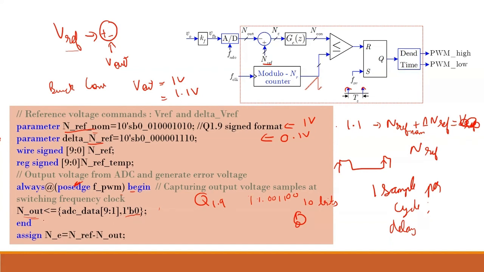So my N out will be this ADC data, 9:1, which corresponds to 9 bits, and it is adding a value 0.